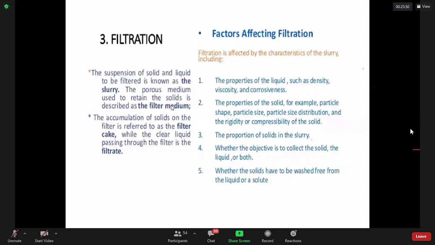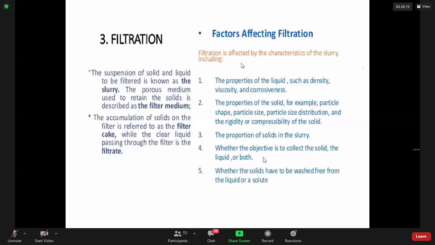For example, if you use a filter paper, the material that you are going to filter is what I call the slurry. The filter paper is the filter medium, while what remains on the filter medium is the filter cake. And what goes through the filter paper is now called the filtrate.